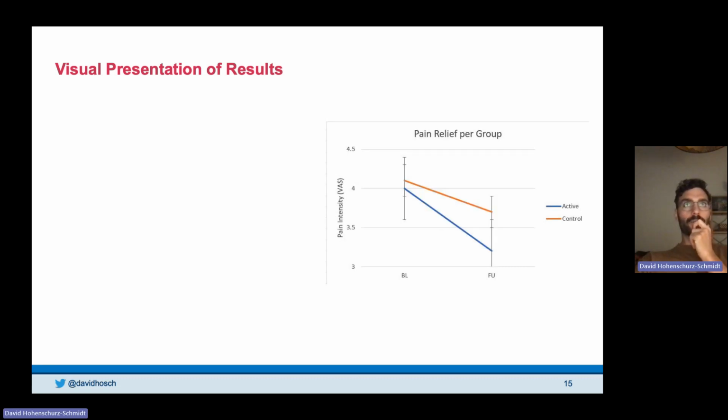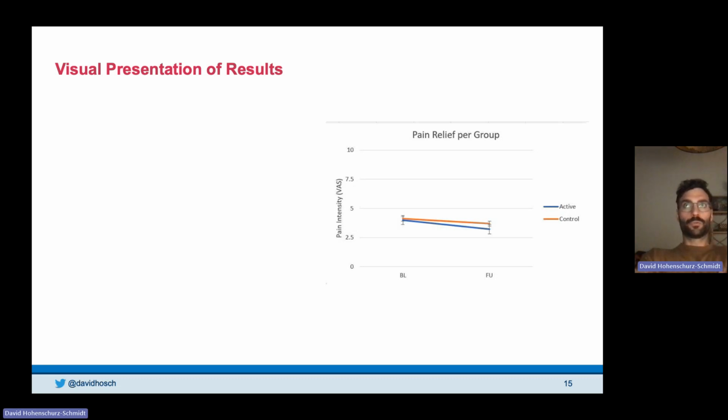So yes, this looked big, but actually we're looking at a 1-point difference in a group that started with a 0.1 difference in the beginning. Yeah, not a lot of improvement, no statistically significant difference between them, certainly not clinically relevant.